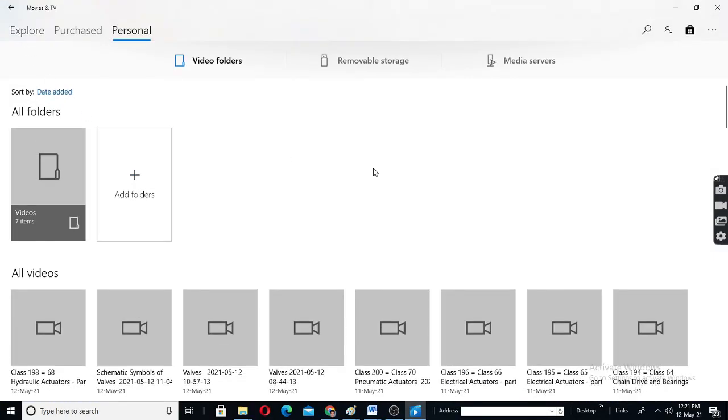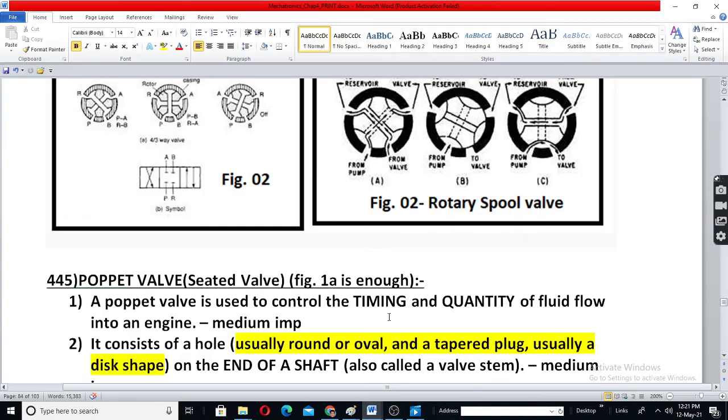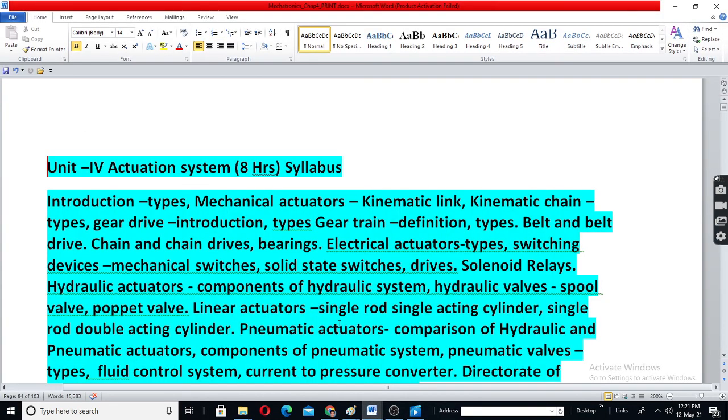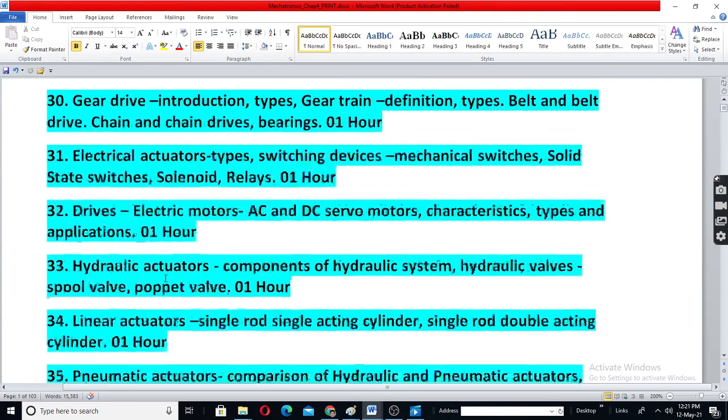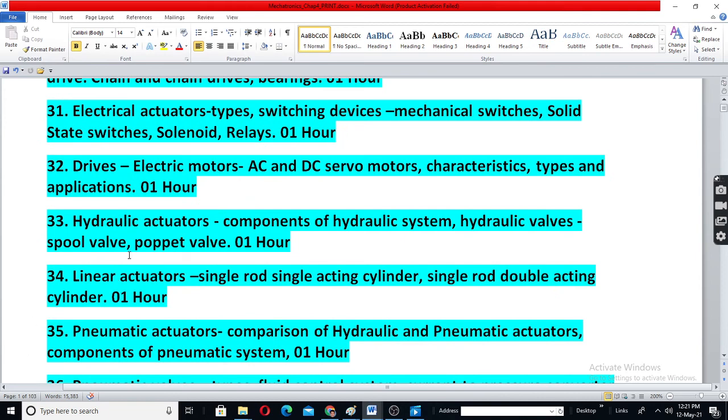For the whole actuator system, in our syllabus, it is given only 8 hours, and for hydraulic actuators it is given only 1 hour.